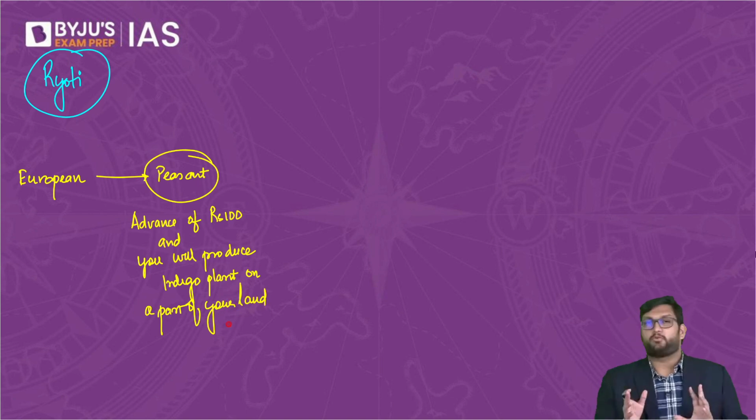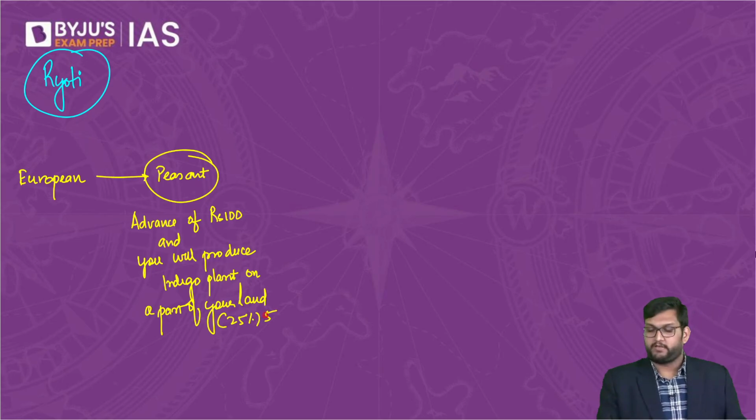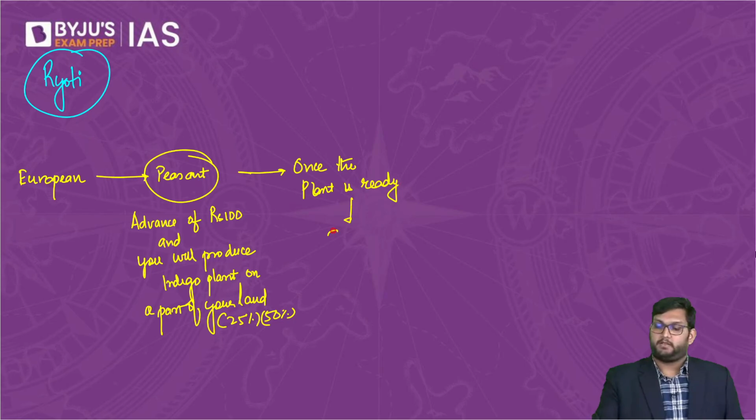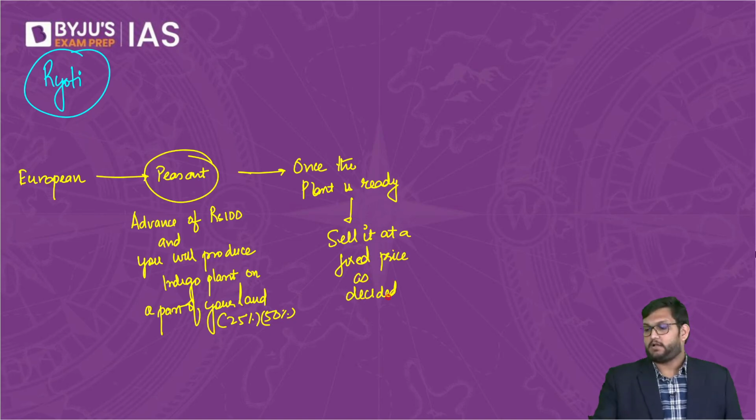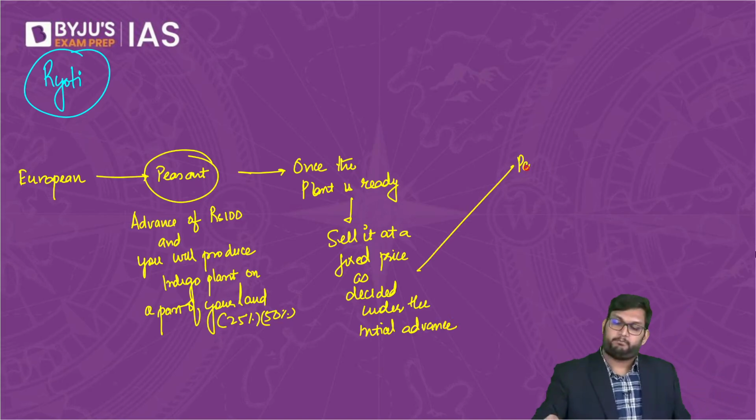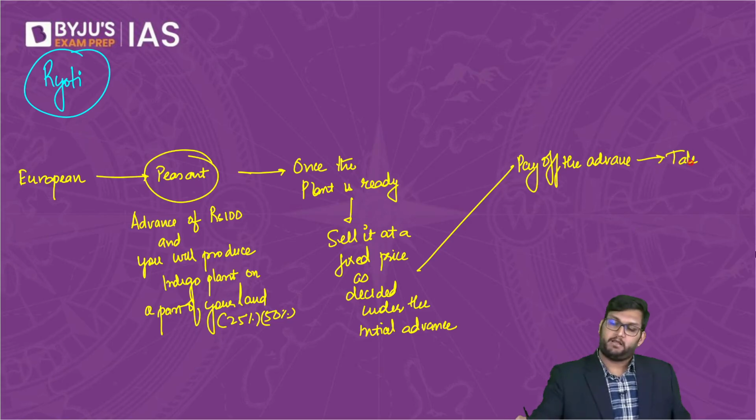Mostly it could be 25%, 50% depending on the peasantry, could be 25% of the land, could be 50% of the land. And once the plant is ready, sell it at a fixed price as decided under the initial advance and pay off the advance, take a new one.